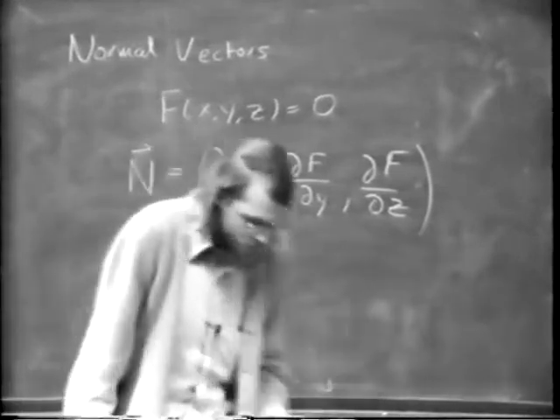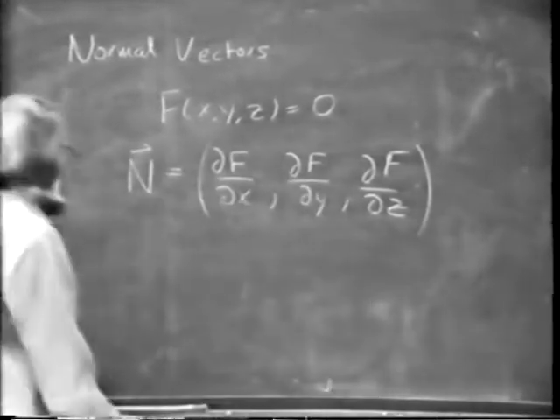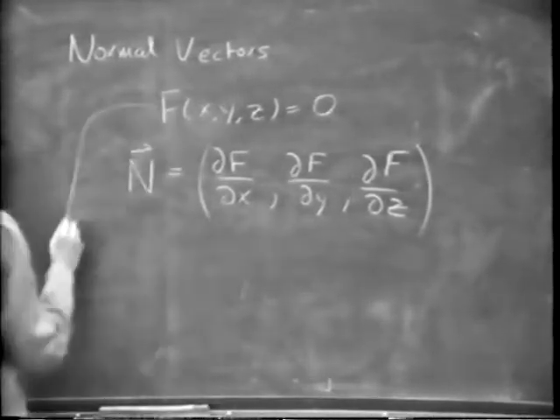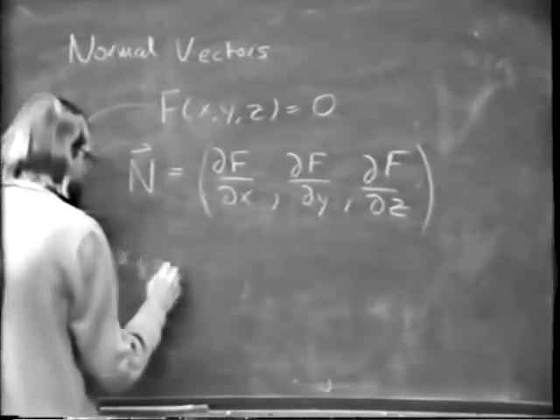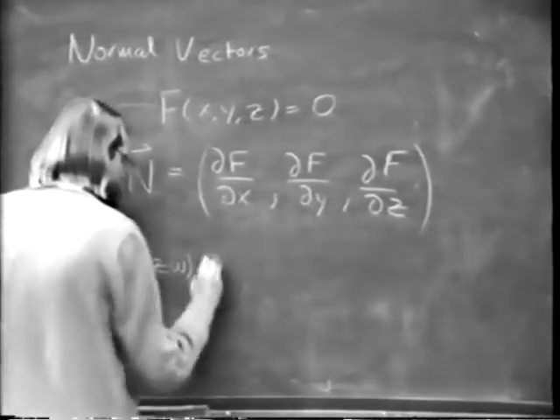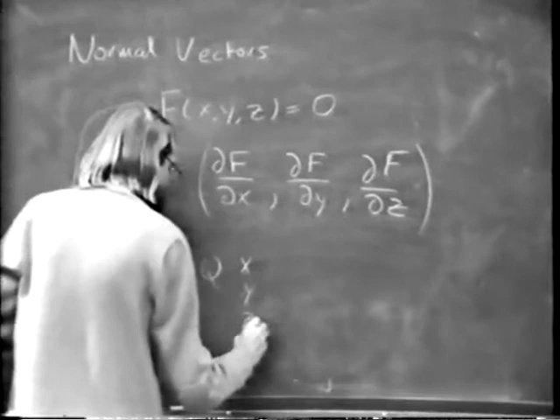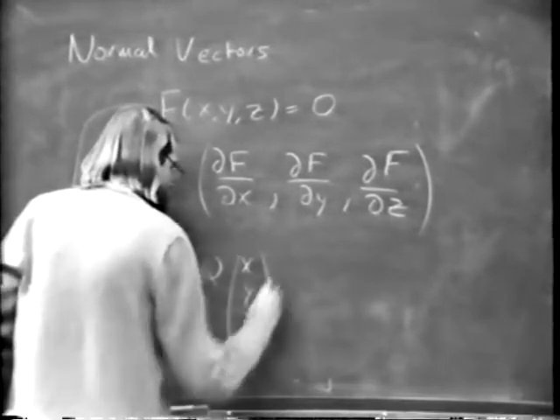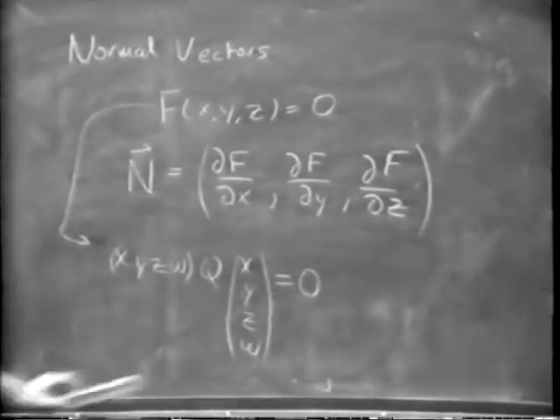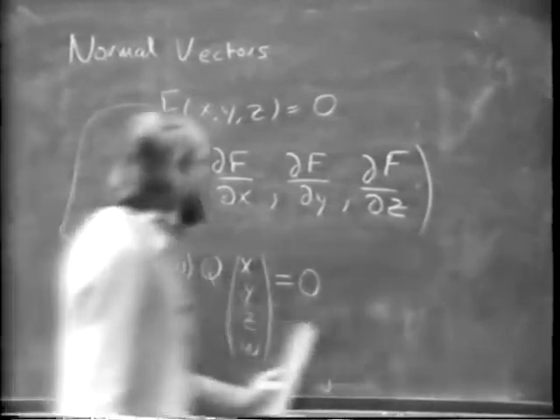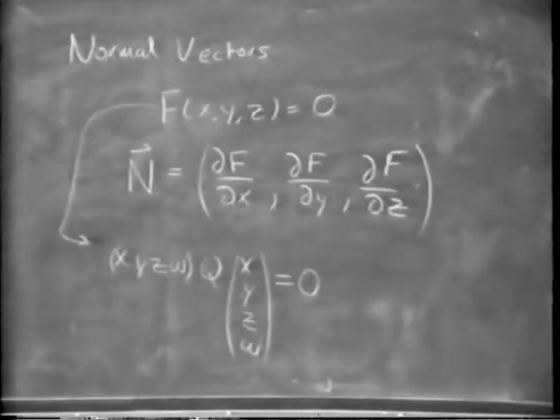What does this look like in terms of quadric surfaces? The function here is that, explicitly, right? Let's take just the x component of the normal vector.